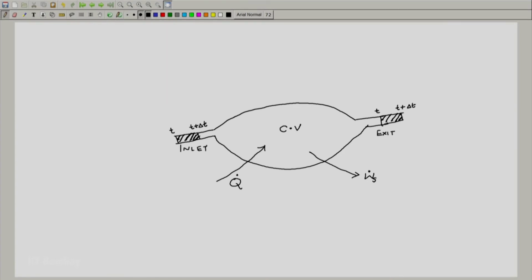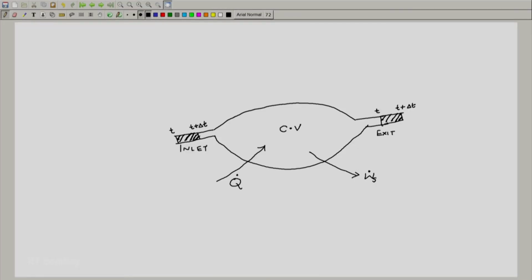So, these are the plugs which determine how much mass enters the control volume and how much mass exits the control volume in a small time delta t. You will notice that we have considered a control volume which is probably not changing its volume with time. That is fine, we can always extrapolate it and make it change with time.